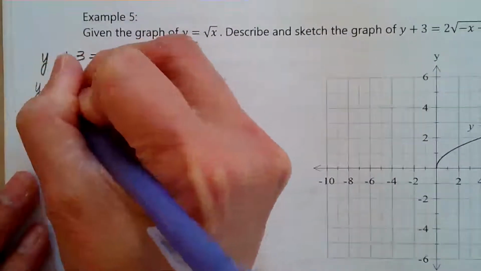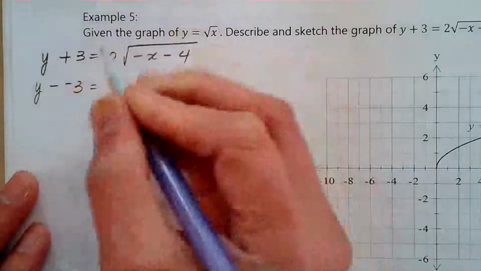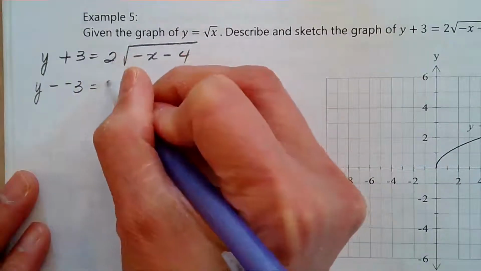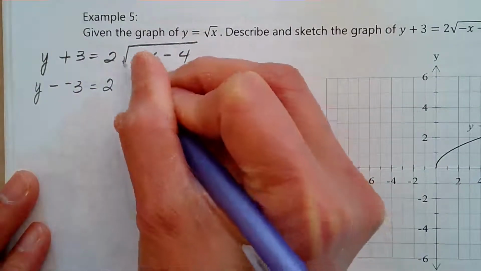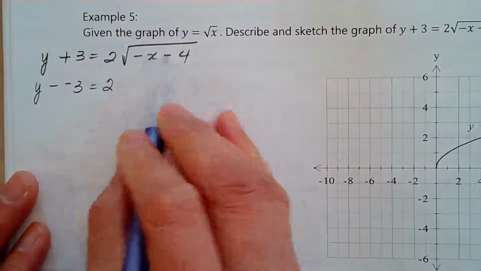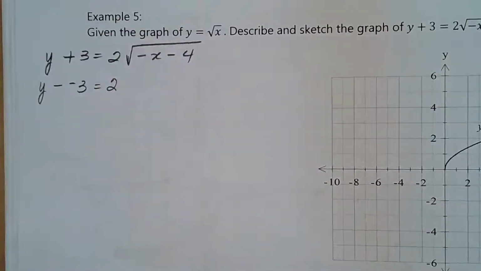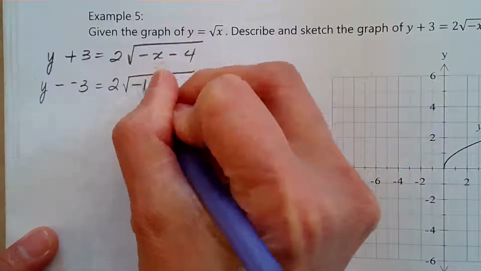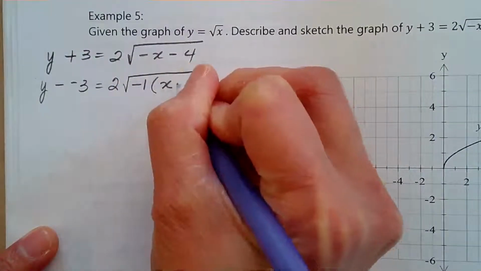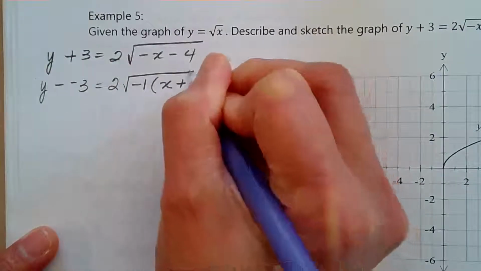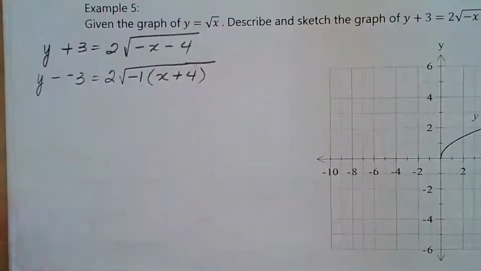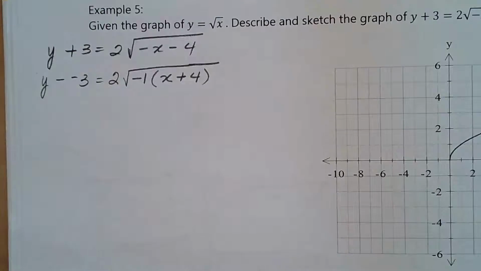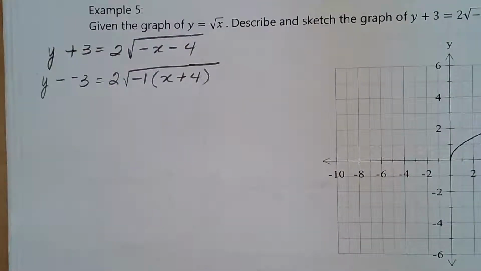I can go like this, y minus negative 3. And then the 2 is already outside. And for this one, we can factor out a negative 1. So you've got the x plus 4. Now this describes every single transformation that happened here.